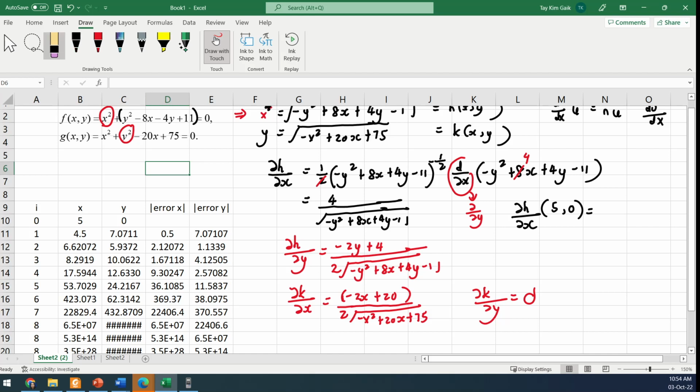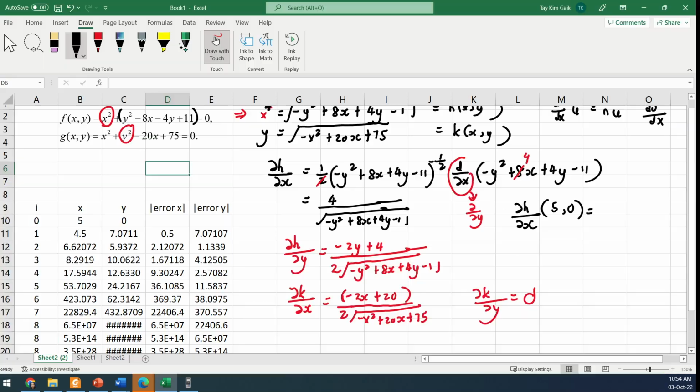Okay, we put another value. We put the point 5, negative 1. Oh no, correct, you still get 8x. With y equal to 0, x is 5.